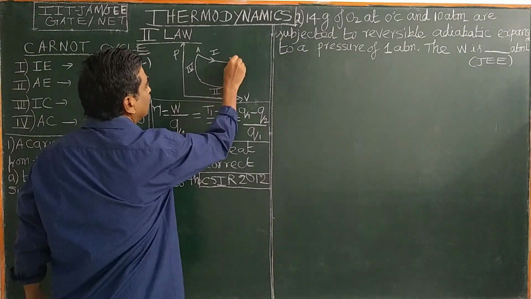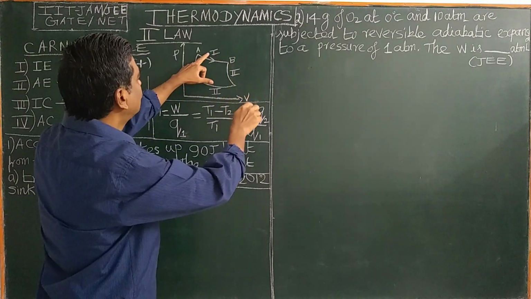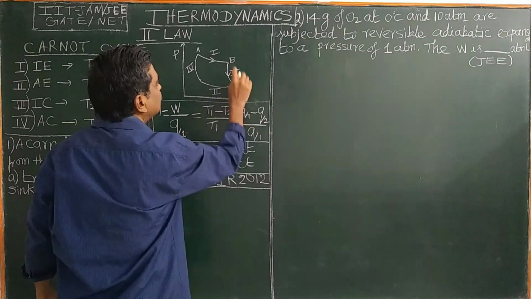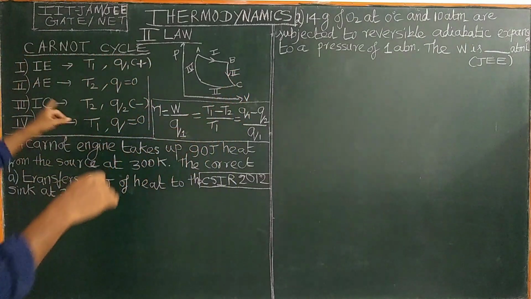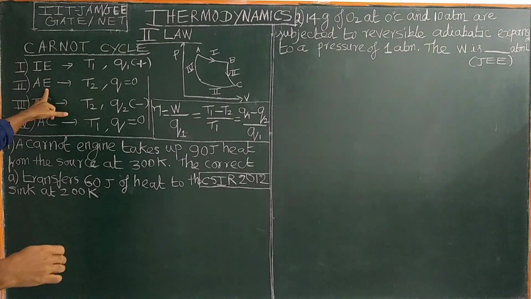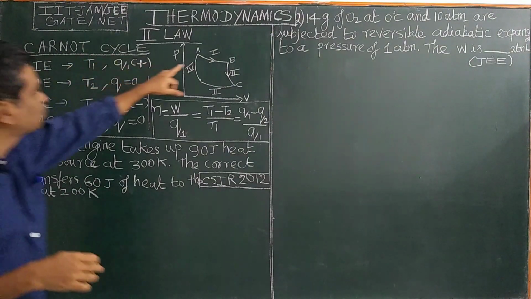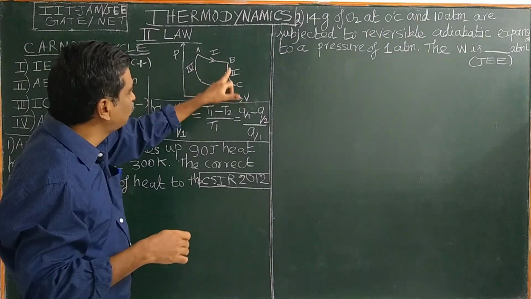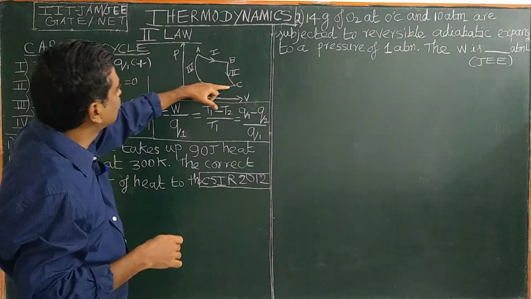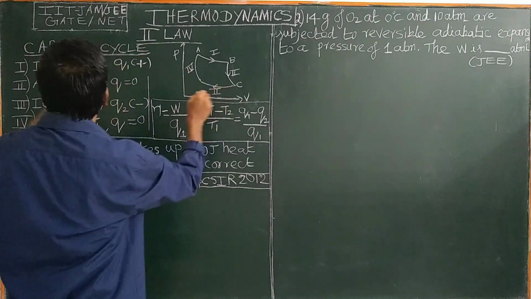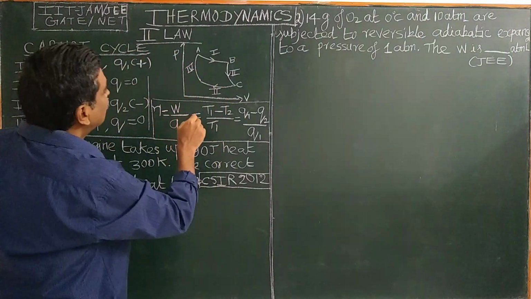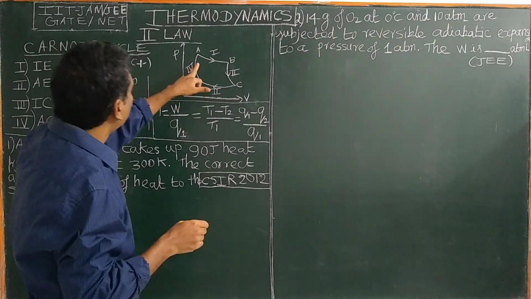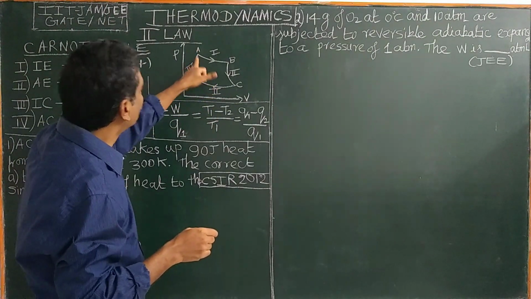A to B is isothermal expansion. B to C is the second step, adiabatic expansion. The first step is isothermal reversible expansion. The second step is adiabatic reversible expansion, and the third step is isothermal reversible compression, and the fourth step is adiabatic reversible compression.